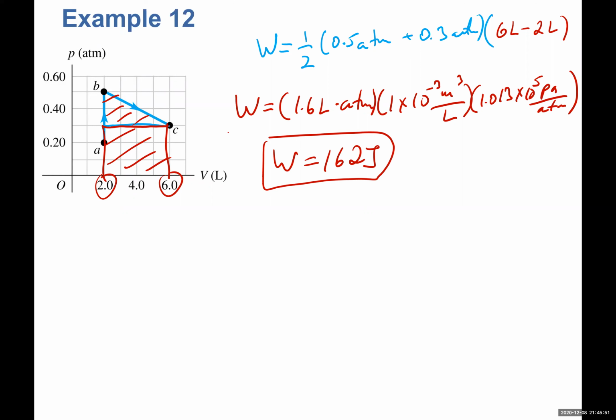All right, so then part C is asking, if 215 joules of heat was put into the gas during ABC, how many of those joules went into internal energy? Well, change in U is equal to Q minus work done.